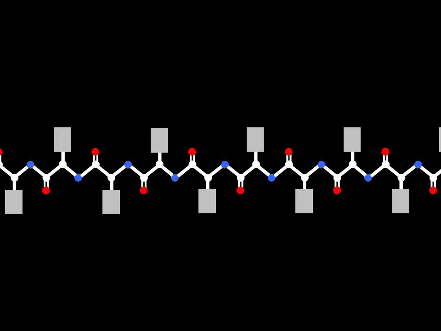Oxygen double bonded to carbon is called the carbonyl group. So this chain here you will see as nitrogen, a carbonyl group, and an alpha carbon. This chain is called the backbone of the protein, or the backbone of the peptide chain.